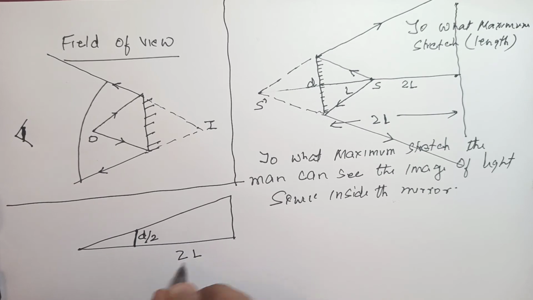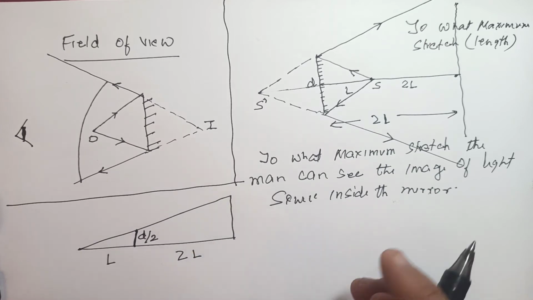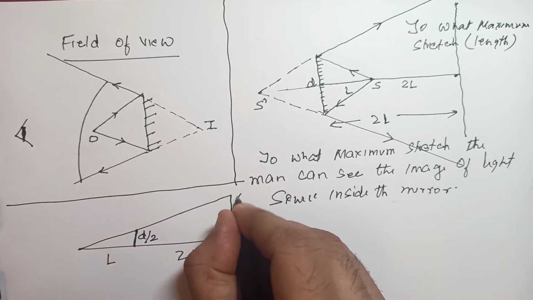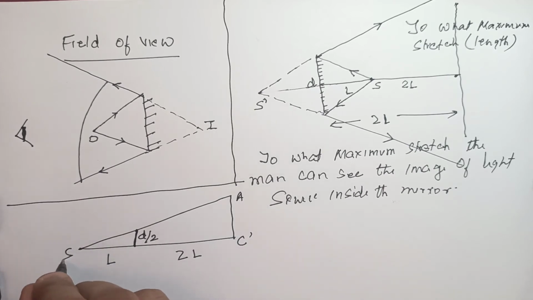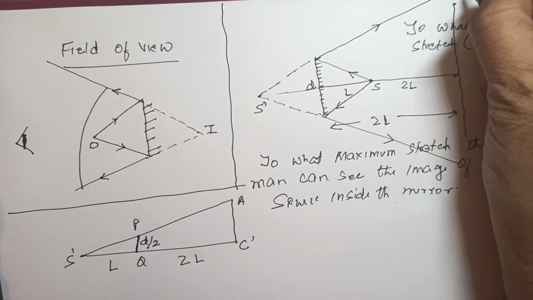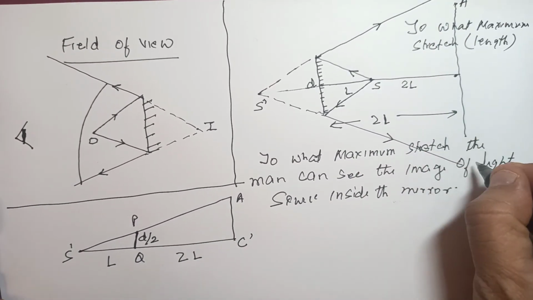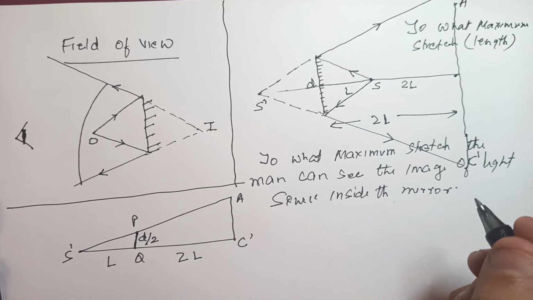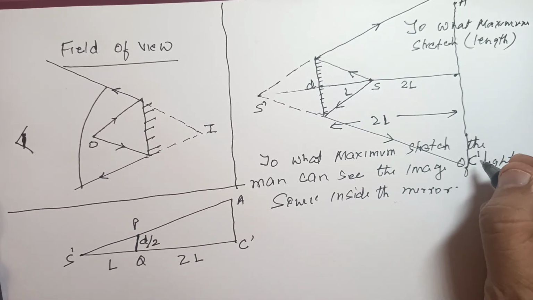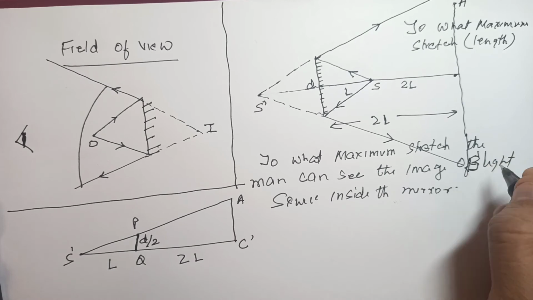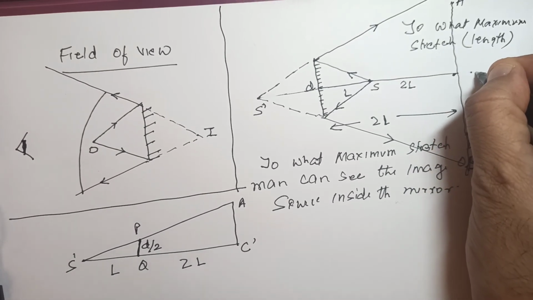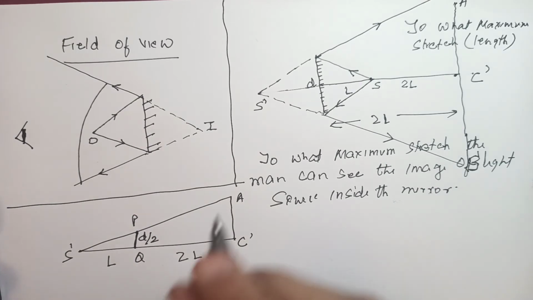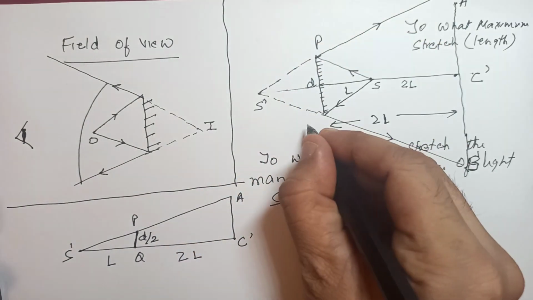This is 2L, we know, and this is L. Let's name the points: this is A, this is B, this point would be C dash, and this is P, and this is R.